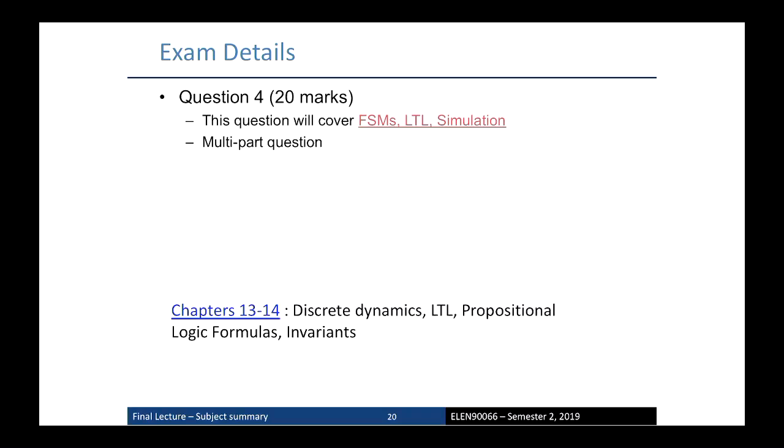So, propositional logic formulas: remember what F, G, X, and U mean. Remember which way those things work. And also, as a hint, that's XOR. If you've forgotten what XORing something is, it's plus with a circle around it.